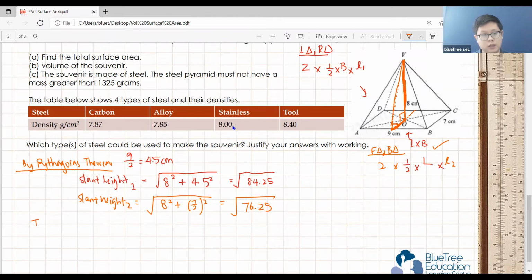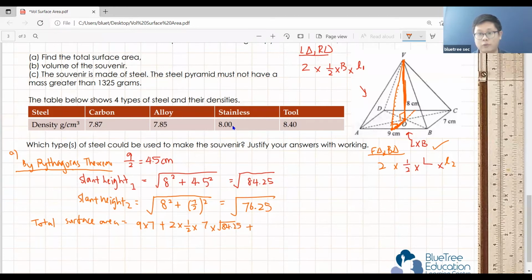So you can label immediately we are trying to find the total surface area. That will be the base area of the rectangle at the bottom, right? That will be 9 times 7, length times breadth, plus again 2 times the area of the triangle on the left and right, which is 2 times half times 7 times the slant height number 1, which is this number here, square root of 84.25.